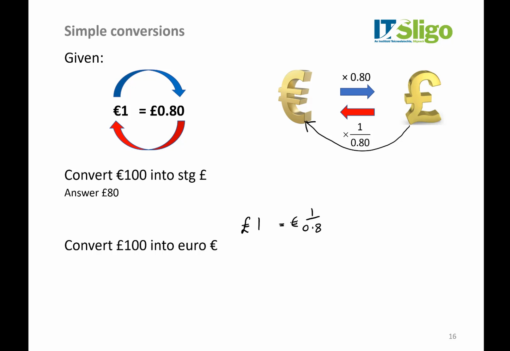And once we have that, guys, we can answer any question, because now we just multiply both sides by 100. So this will become 100 over 0.8, multiply top and bottom by 10. We have 1,000 over 8, which works out to be 125 euros.